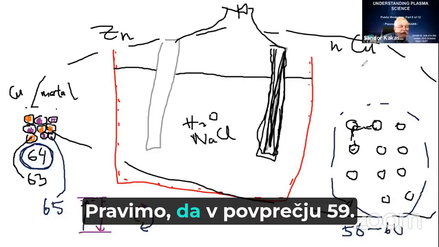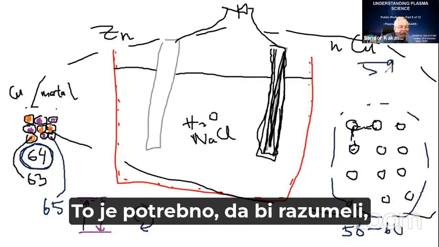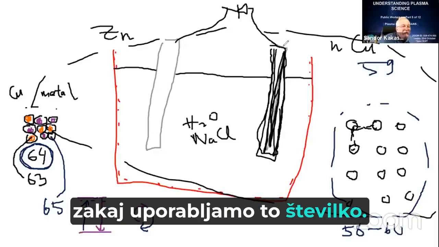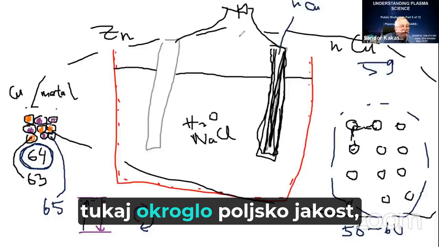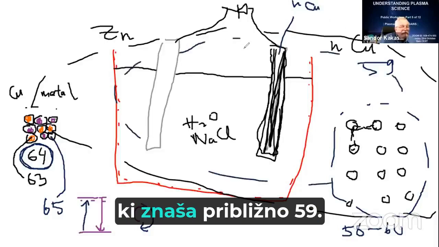We say an average of 59. So this is needed to understand why we use this figure. So in the case of the nano copper plate, we have a field strength of around 59.